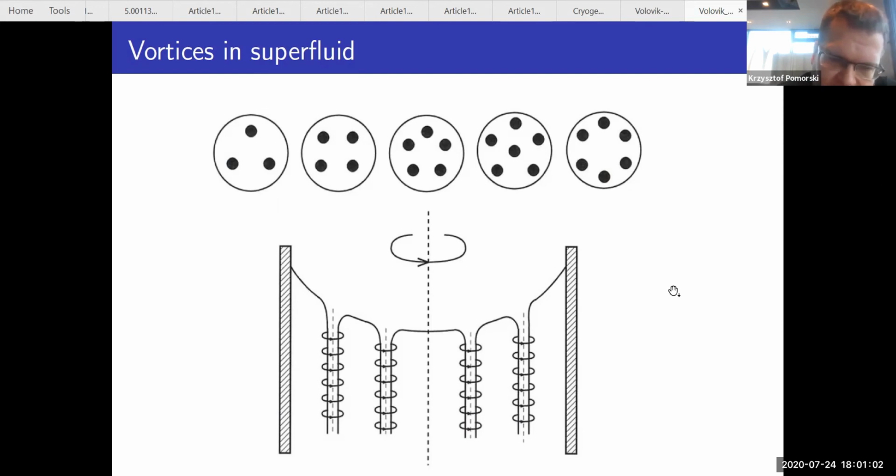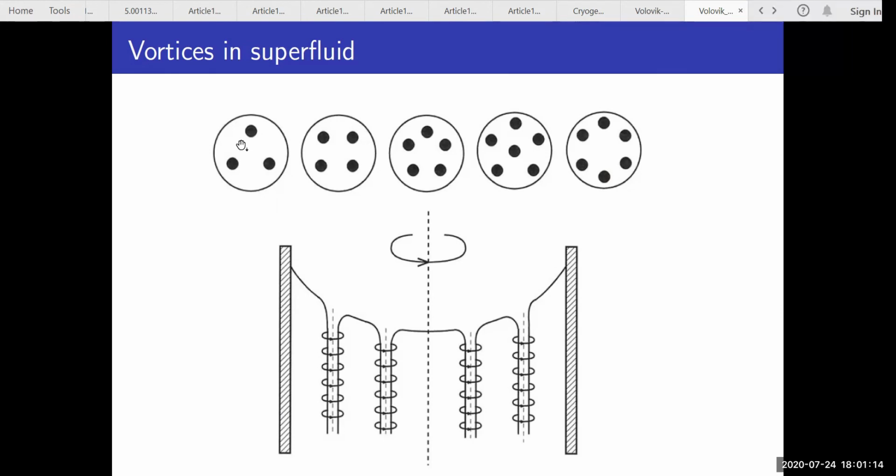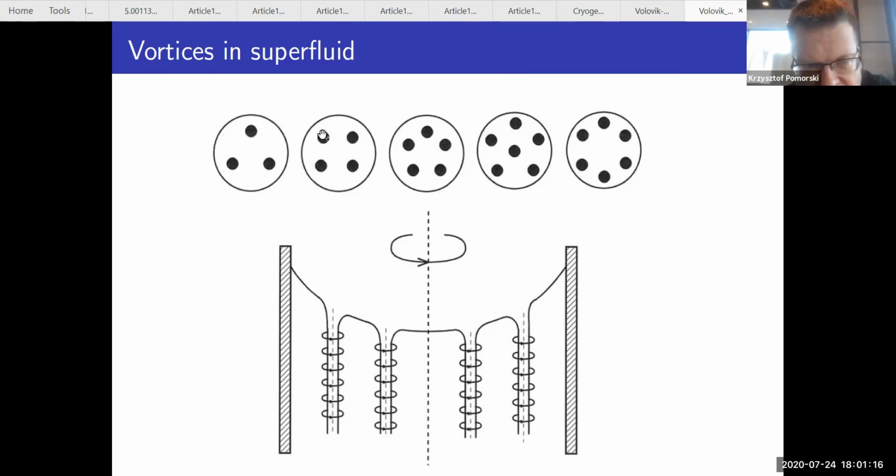So obviously, we will have such a situation as here. There are superfluid vortices. Angular momentum is quantized, and you can have formation of three, for example, superfluid vortices, 4, 5, and so on.